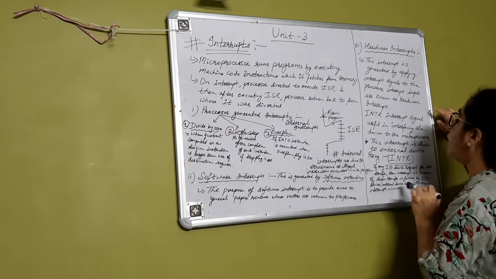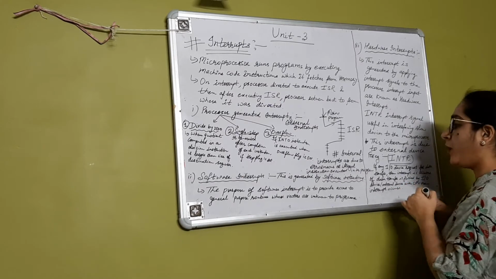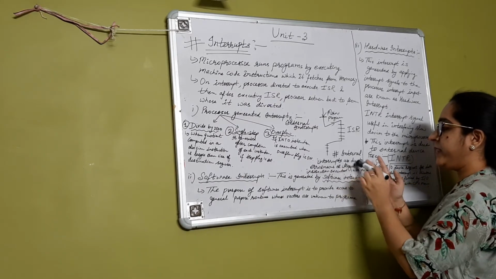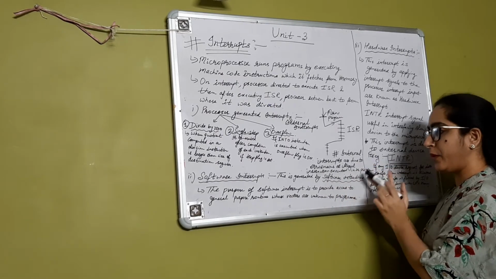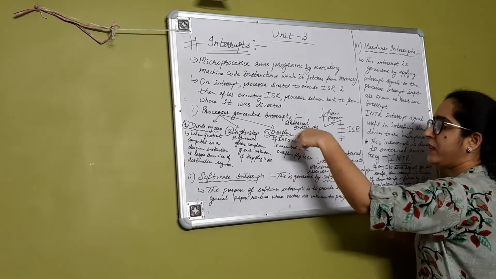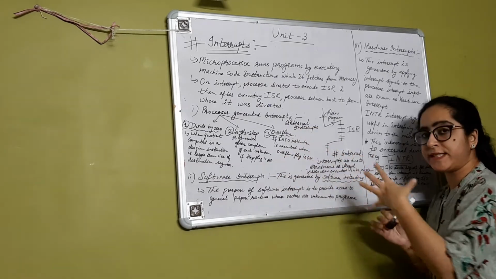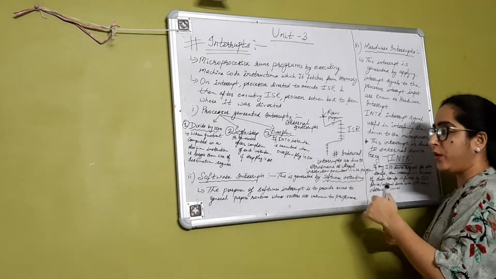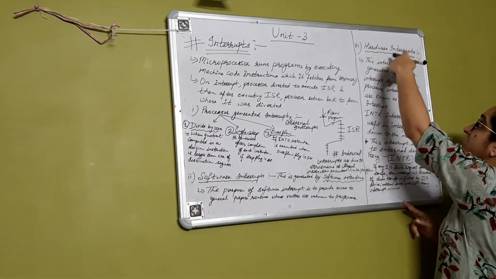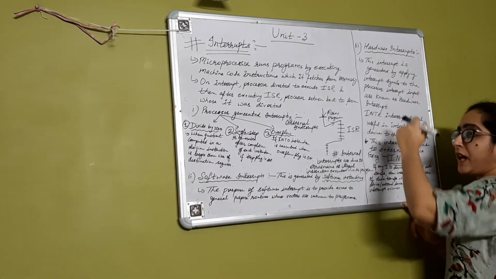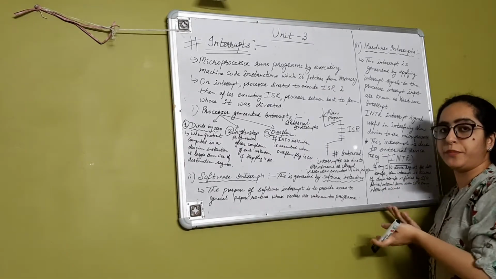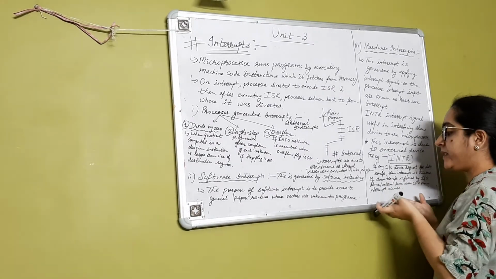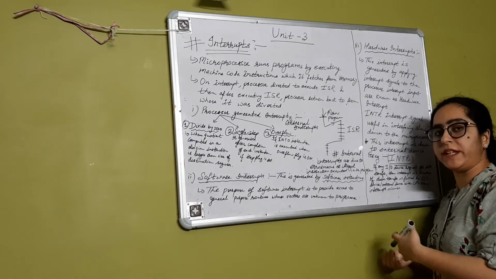Internal interrupts are due to erroneous or illegal instructions executed in the program, and internal interrupts are in sync with the program, whereas hardware interrupts are asynchronous with the program, because they have nothing to do with the program. These are the interrupts which are due to the external devices.